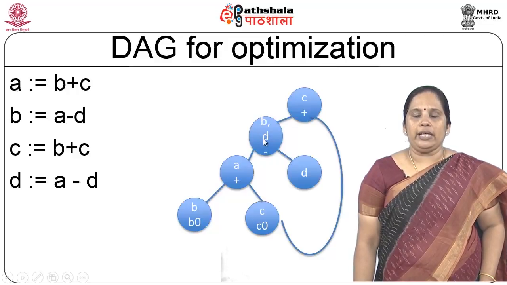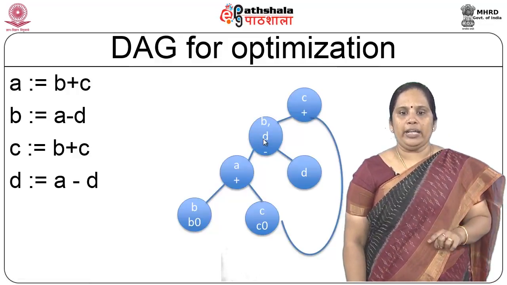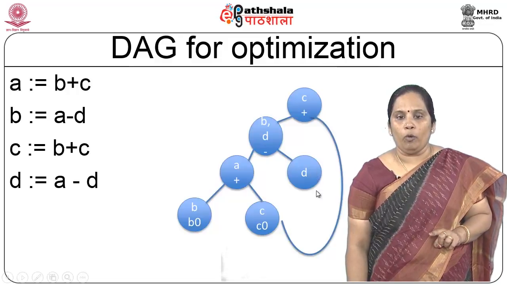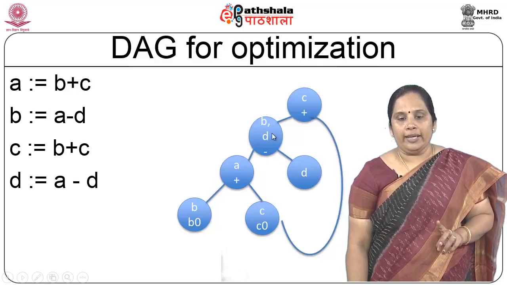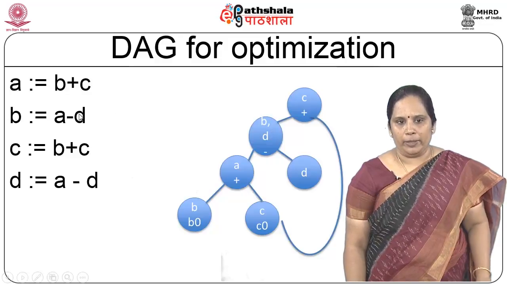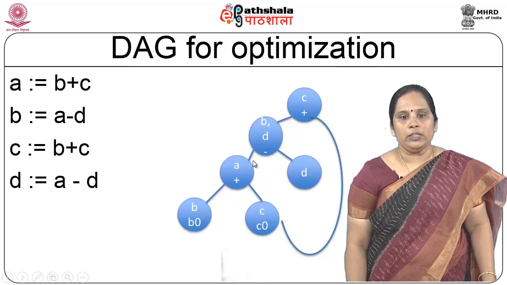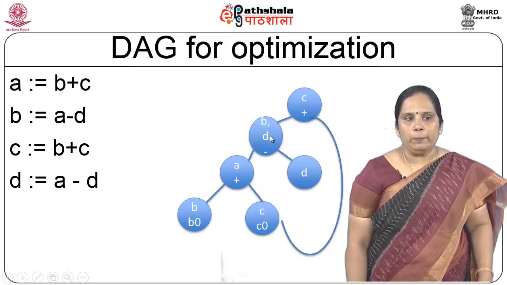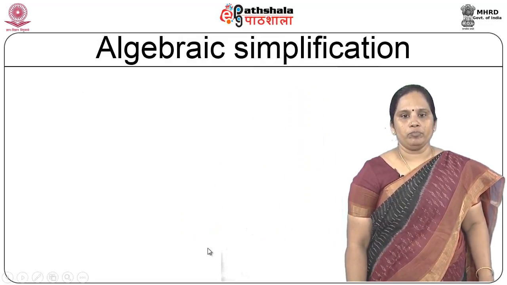Now, this becomes D. After assigning this to D, I will rename the old D to D naught. Therefore, A minus D is a common subexpression, as is evident from this particular interior node having multiple labels B comma D.